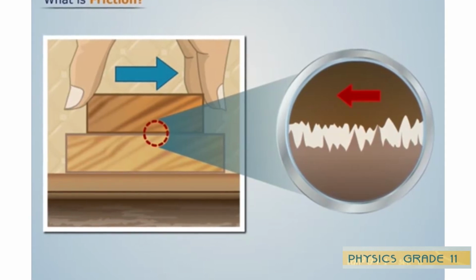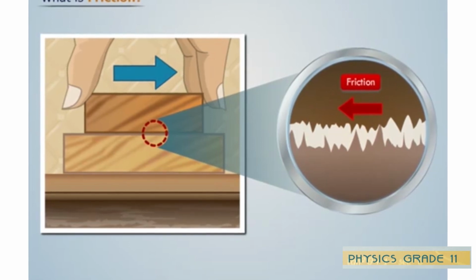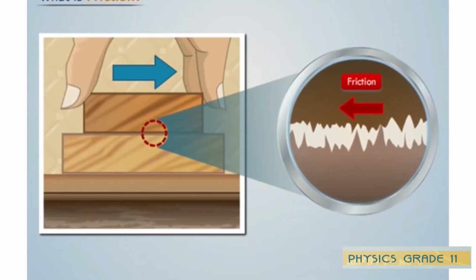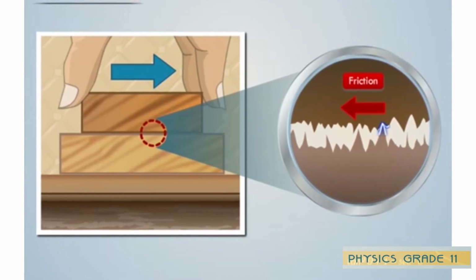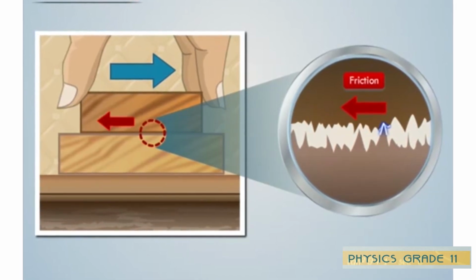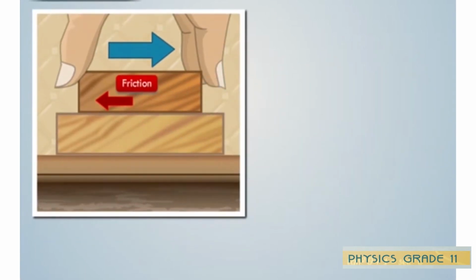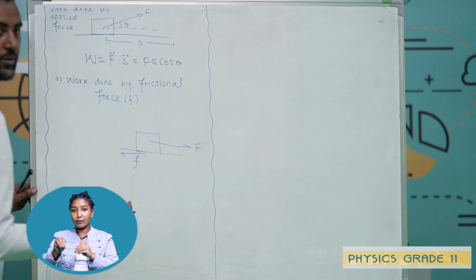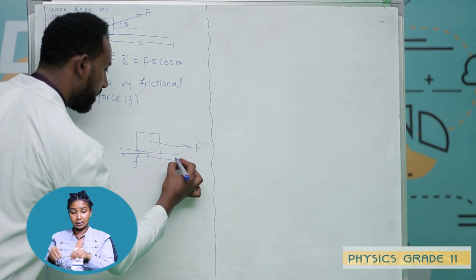At the contact surface, due to the roughness, we do have a frictional force. And frictional force always acts opposite to the direction of motion of the object. Here, the object is not moving along the frictional force. Rather, it displaces along the applied force.